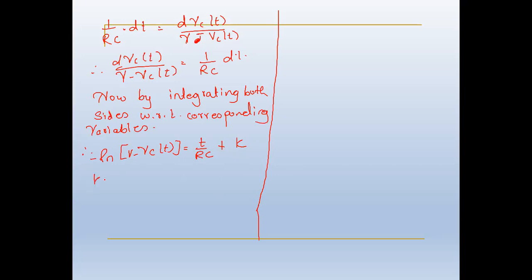What is k? We have already written: it is the constant of integration.